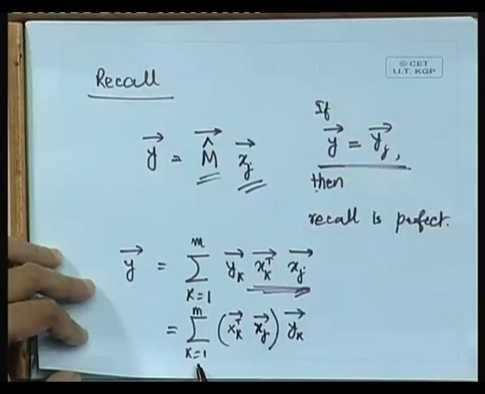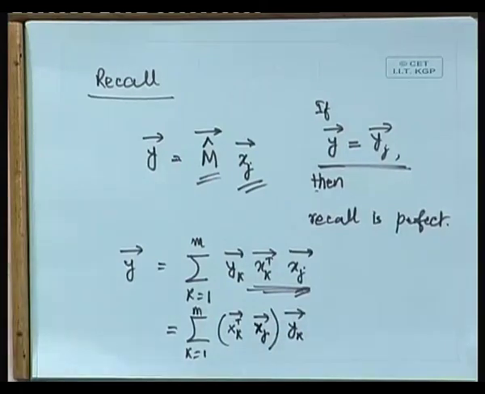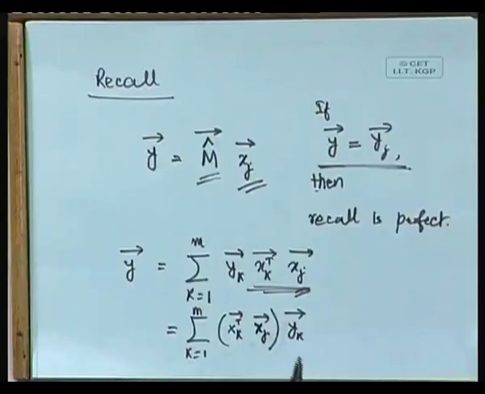This is for k is equal to 1 to m. Now very interestingly, when I am summing it up for k is equal to 1 to m, one of the indices that it has to pass through in this summation is when k is equal to j, and when k is equal to j, then this term becomes xj transpose xj times yj, and other than j there will be all other m minus 1 terms.